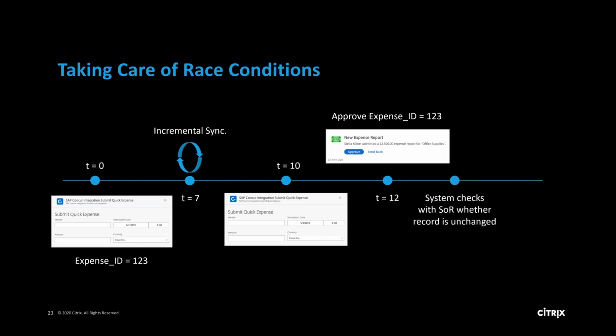When we do that, we check that the system of record's record hasn't been changed. So we look at expense ID 123 and we say, hey, is the amount still $2,300? And if it is, that's fine. But if it isn't, we surface an error and we create a new card that says, something changed, let's go back for approval again. So you do have to be aware of these race conditions because, as we talked about before, it's not a real-time system.